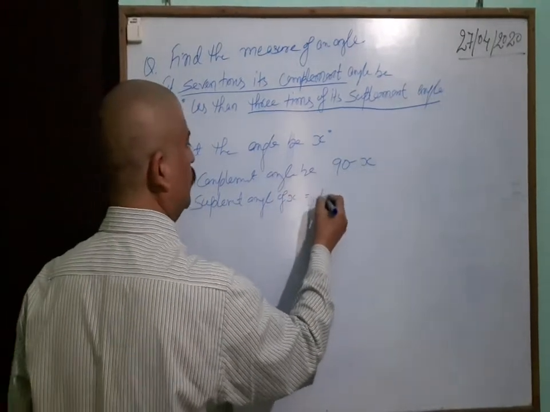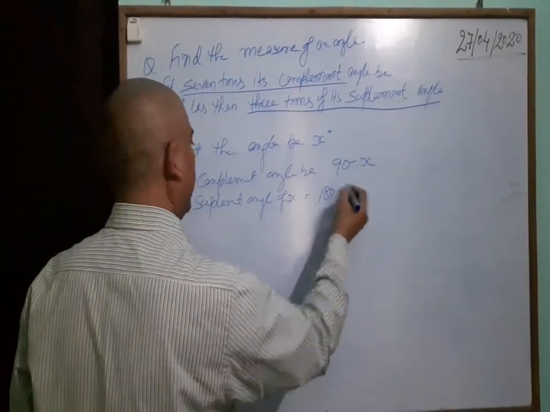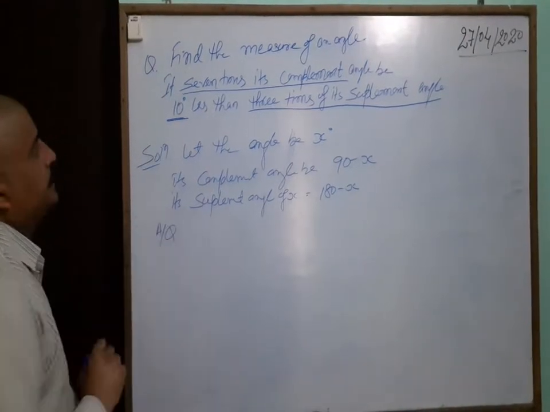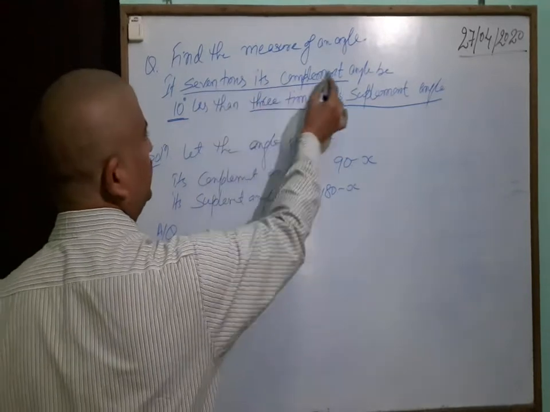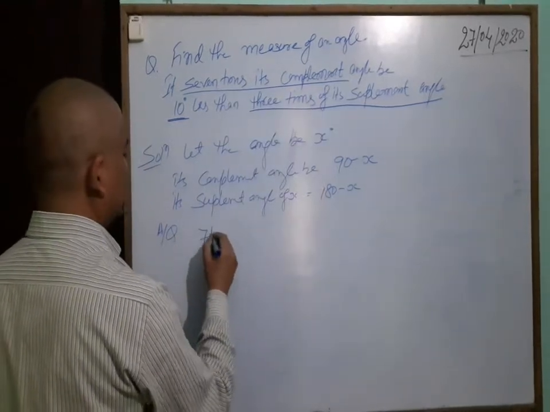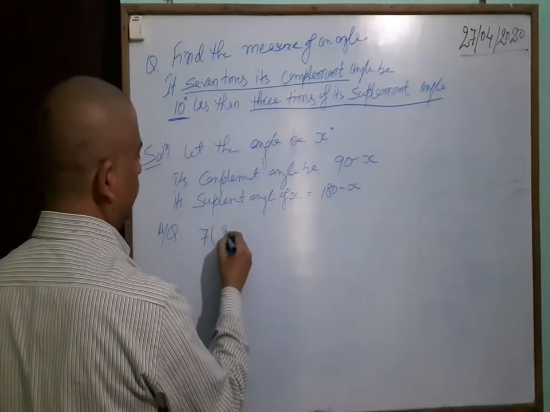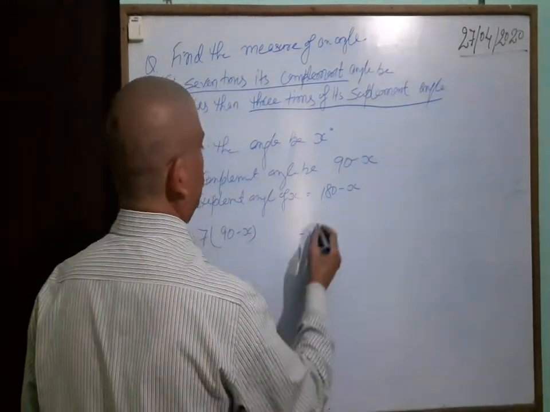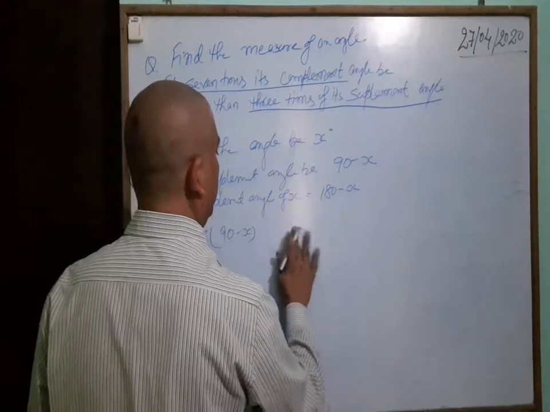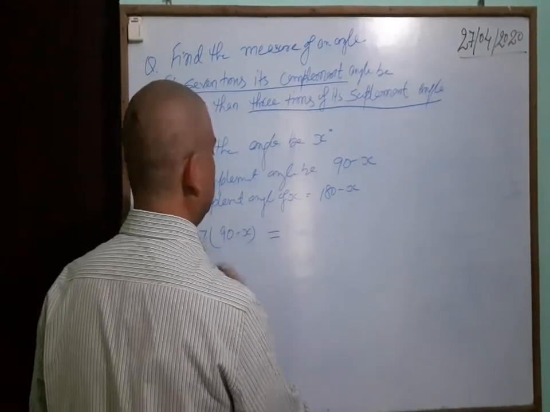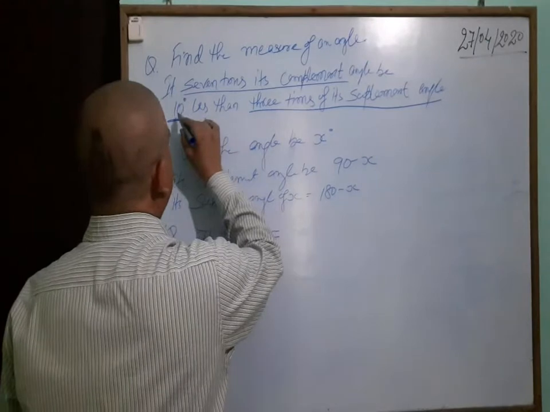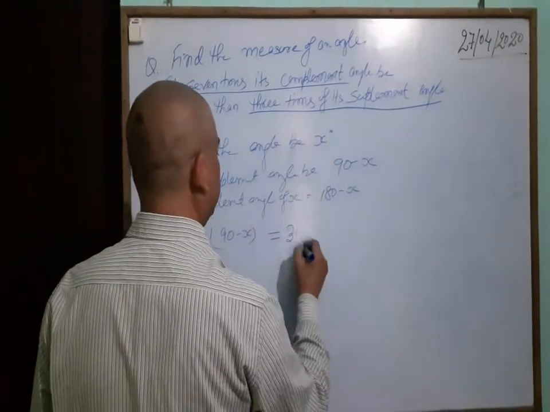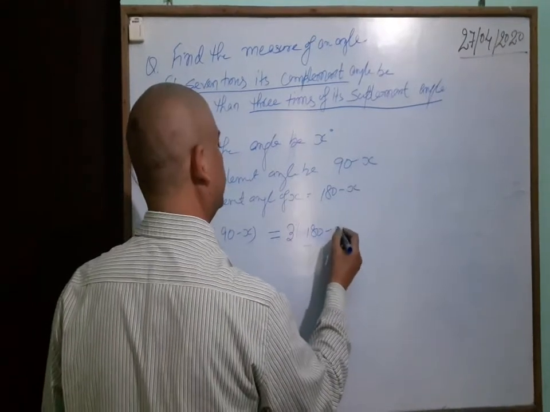So according to the question, 7 times its complement is equal to 10 less than 3 times its supplement, that is, 3 times 180 minus x minus 10.